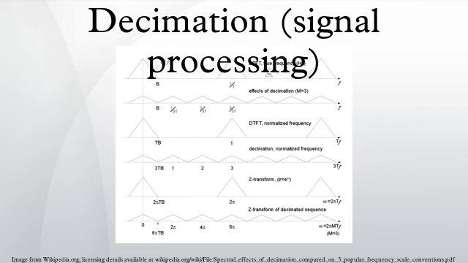Decimation by an integer factor, M, can be explained as a two-step process, with an equivalent implementation that is more efficient: reduce high-frequency signal components with a digital low-pass filter. Downsample the filtered signal by M. That is, keep only every Mth sample.